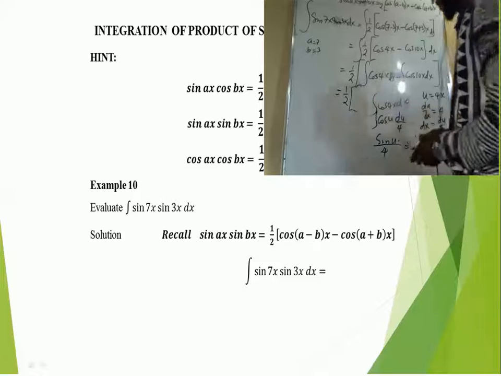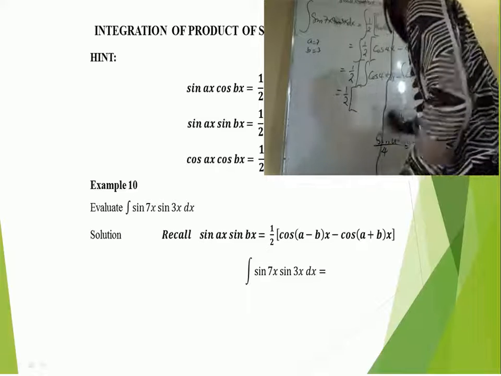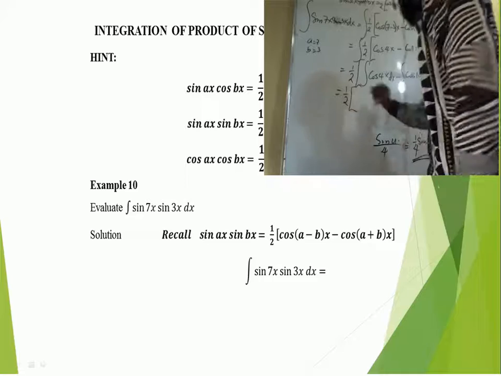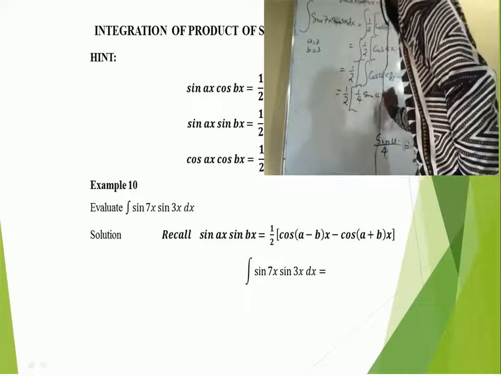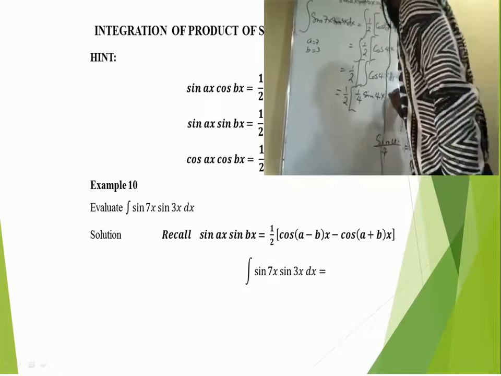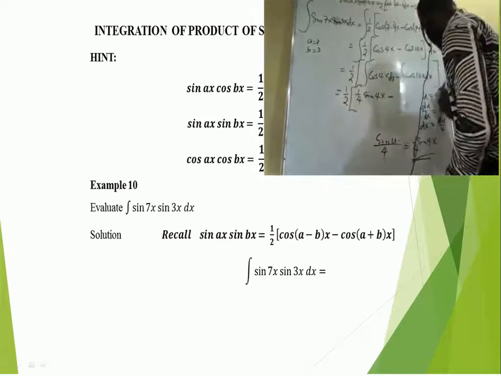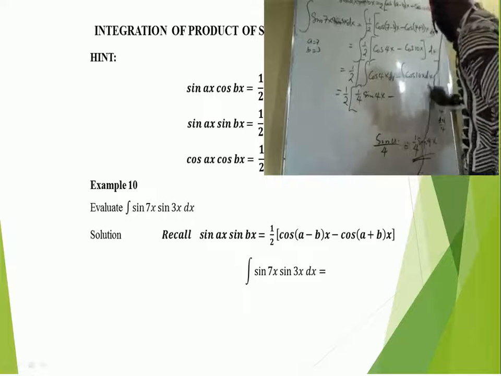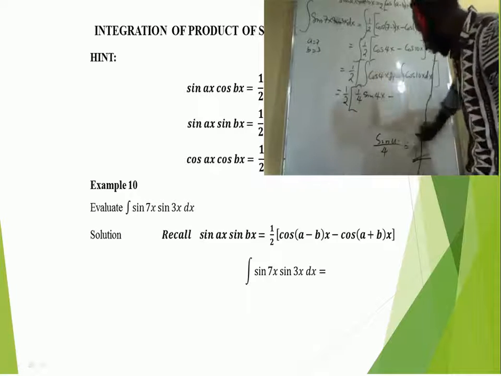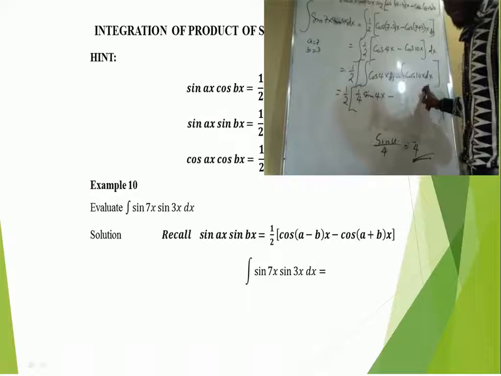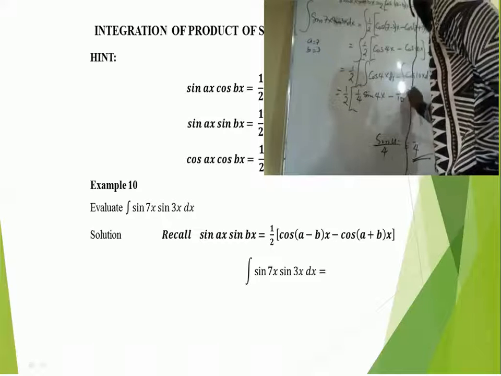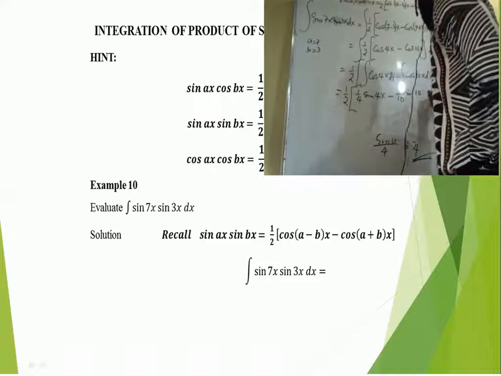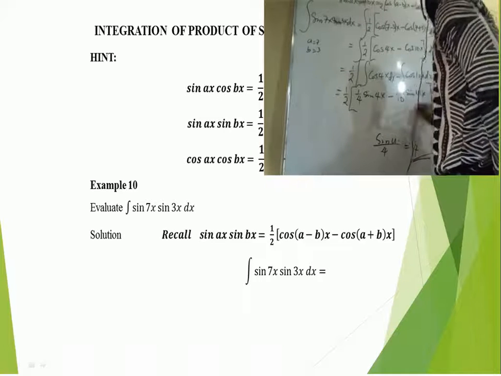Okay? So by the time we integrate it now, this is what we are going to have. We will have 1 all over 4 sine 4x, then minus. Similarly, by the time we integrate cos 10x, cos 10x will give us 1 all over 10 sine 10x. Then bracket close.